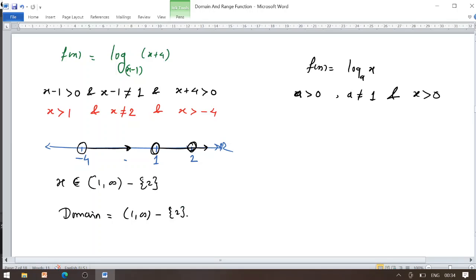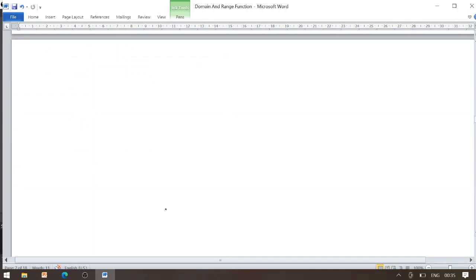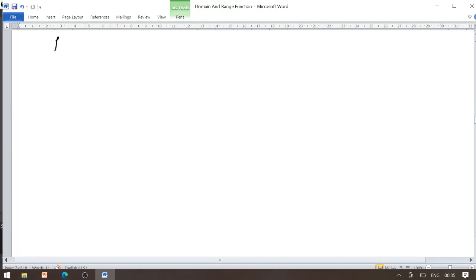Now suppose we have one more example depending upon the logarithmic function again. Suppose f of x equals, what will happen if we have a quadratic function under the logarithm and a linear function as the base.